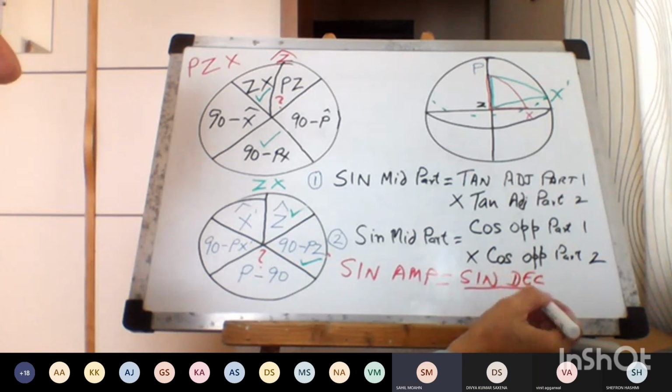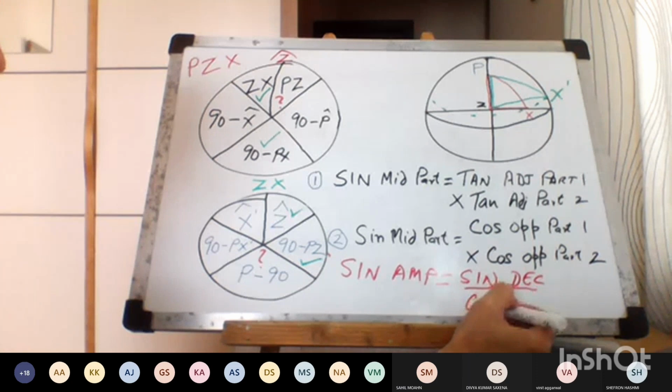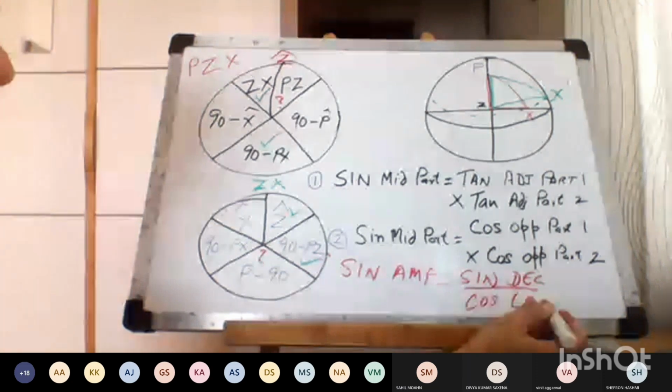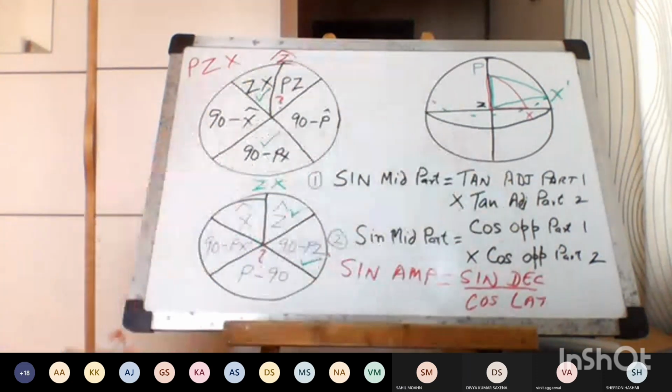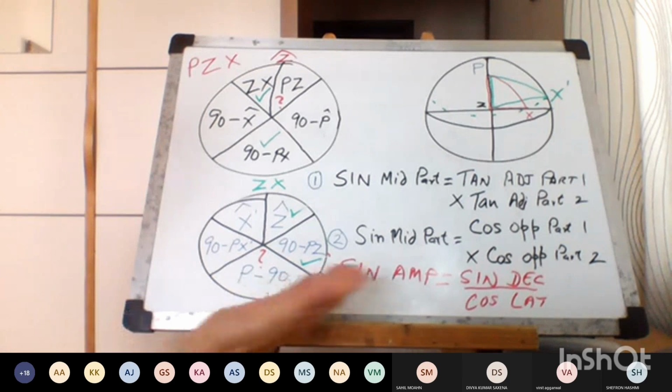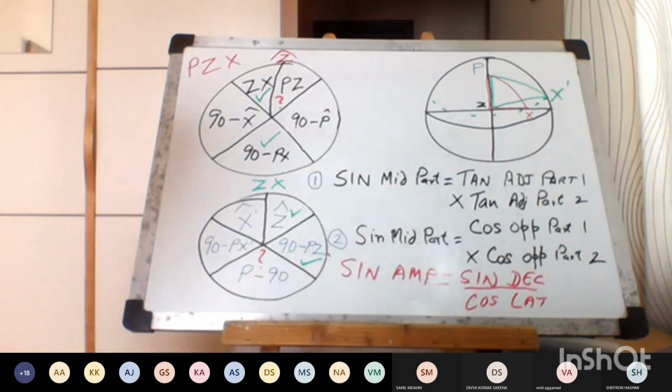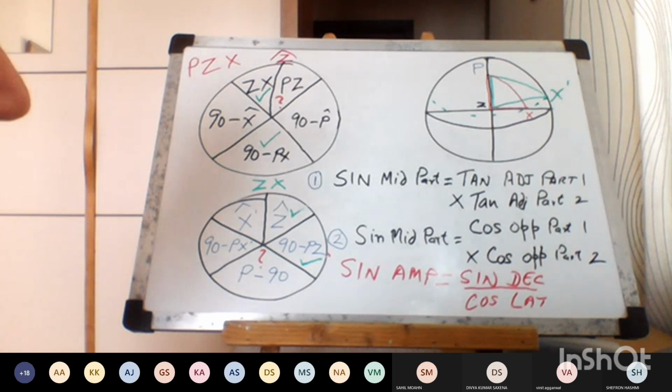Sine dec upon cos lat. Can you make any relationship with the Napier rule by looking at this? Does it look similar or no?